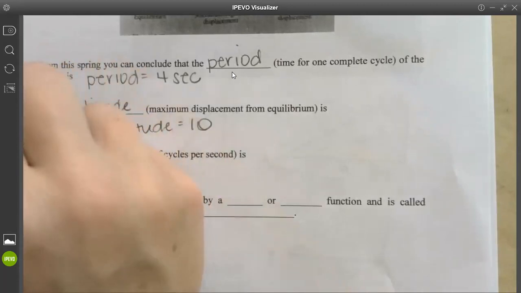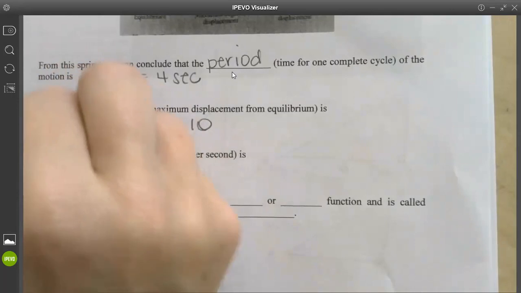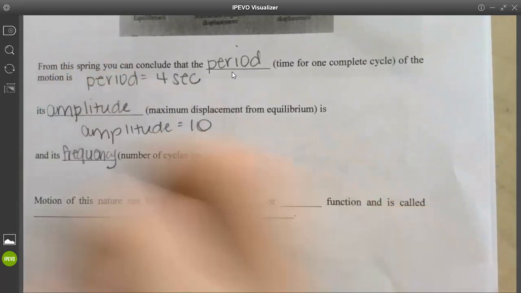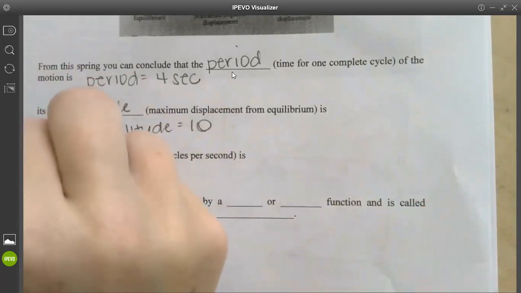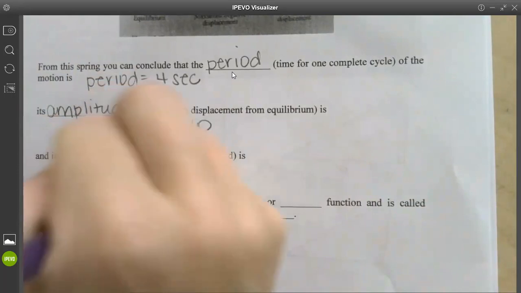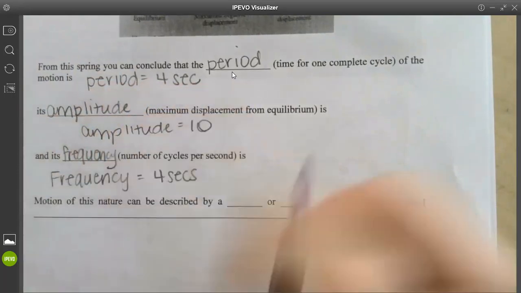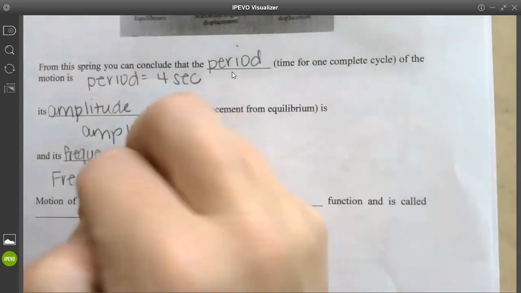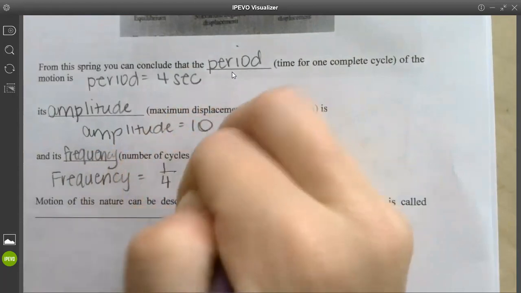And its frequency, the number of cycles per second, equals 1/4 cycle per second.